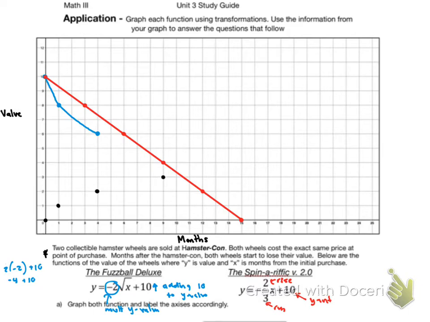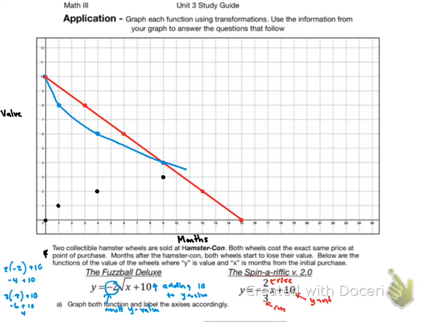So we can just go ahead and quickly put this point on there. The y value is at 3. So if we do the same thing, 3 times negative 2 plus 10, that's negative 6 plus 10, that is 4. So that new point there would have been at 4, which is right there. And then we go back to drawing this point, and we get that intersection that we're going to need.